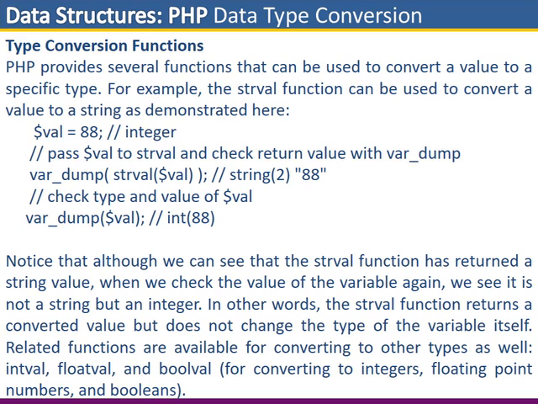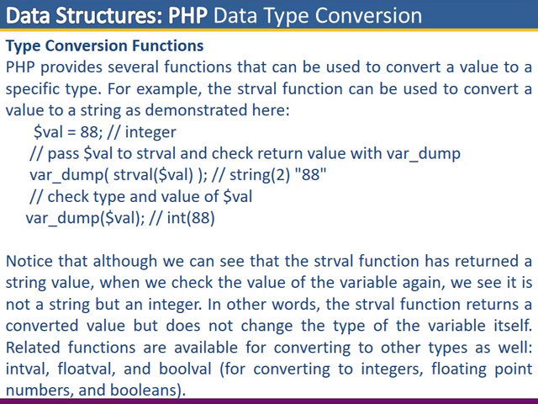So we have var_dump with strval($var) inside the brackets. We get string(2) "88". So we have used the strval function to convert the value that we assigned as an integer to a string. The value of the integer has been converted to a string.